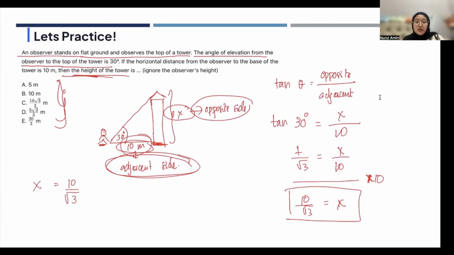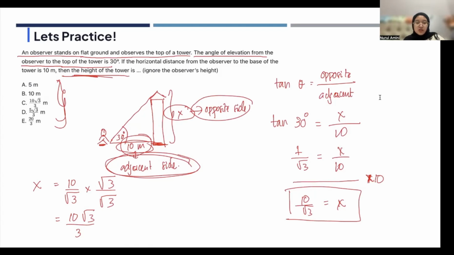We rationalize the denominator by multiplying by root of 3 over root of 3. When we multiply 10 times root of 3, we get 10 root of 3, over root of 3 times root of 3, which is 3.